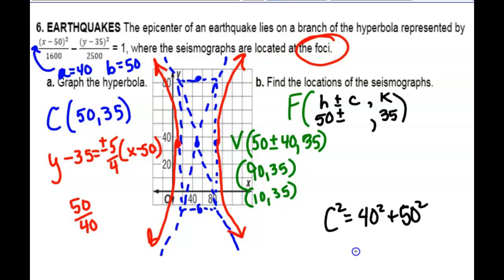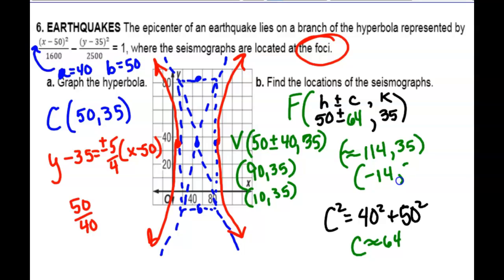40 squared plus 50 squared is 4,100. The square root of that is 10 square roots of 41, or about 64. Is that what you got? So that would be about 114 approximately and 35. And the other direction, if we do subtract, it would be about negative 14 and 35.